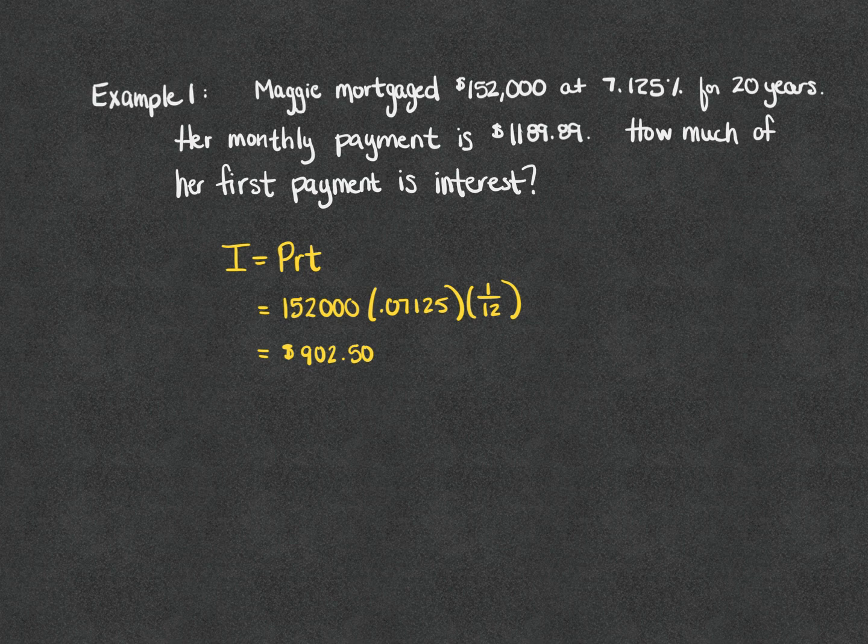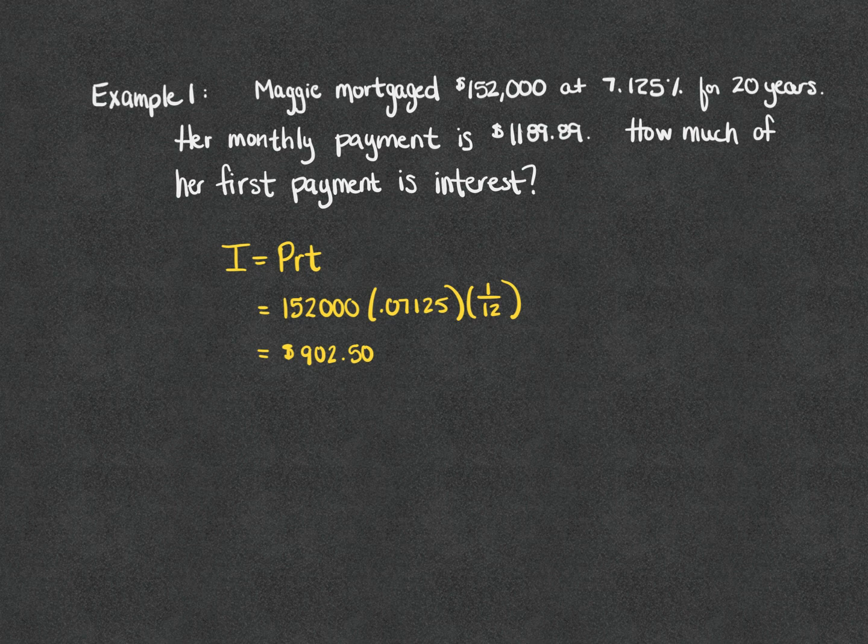So that means of her $1,189.89 payment, $902.50 goes just toward the interest on her loan. The remaining portion, not quite $300, goes toward paying down the principal on her loan.